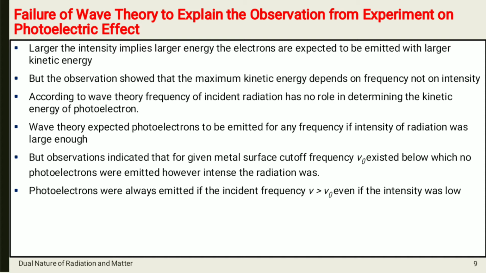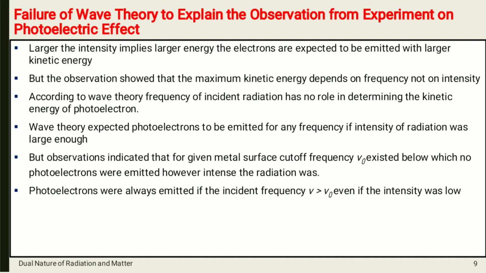What is nu0? Threshold frequency. Above this frequency, there will be emission of photoelectrons, that is electrons from the metal surface, whatever the intensity of incident radiation is. If frequency of incident radiation is less than this nu0, then there will not be any emission of electrons from the metal surface, whatever the intensity is.